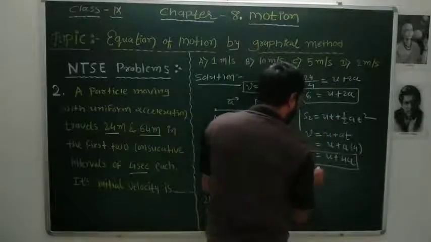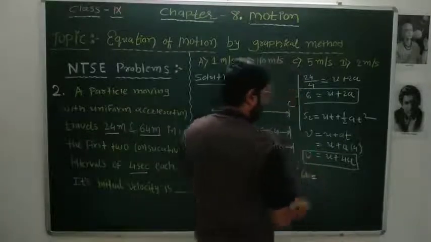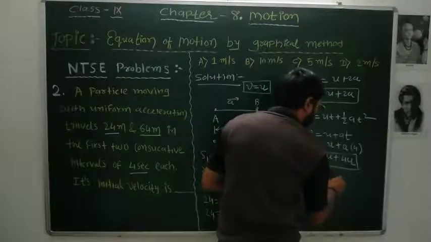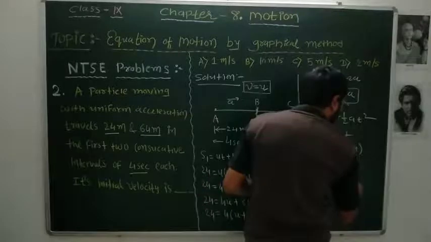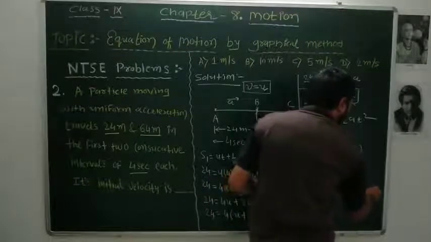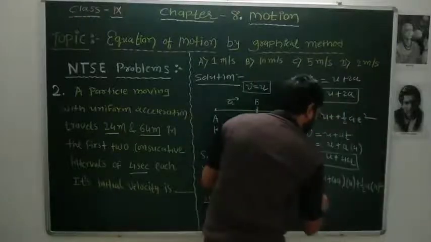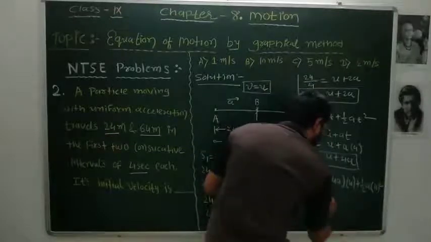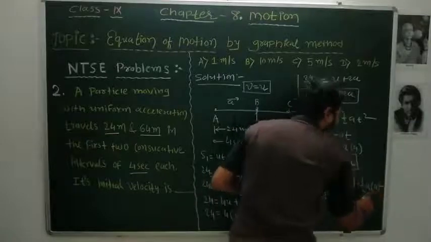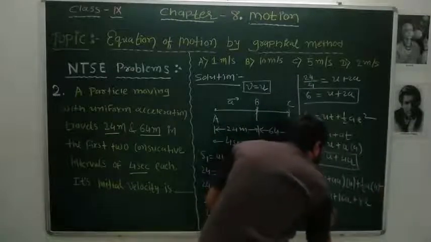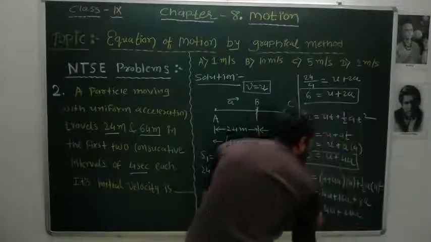So here S2 is equal to 64 meter. So 64 equals u plus 4a, times t which is 4 seconds, plus half a, and t is 4 seconds squared. So we multiply: 4u plus 16a plus 8a. So here we get 4u plus 24a equals 64.